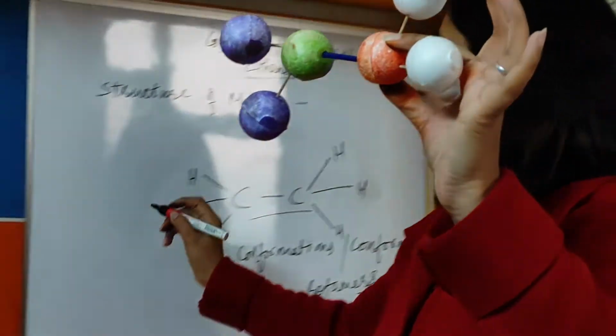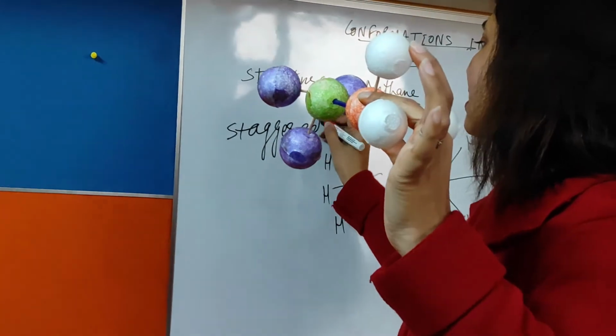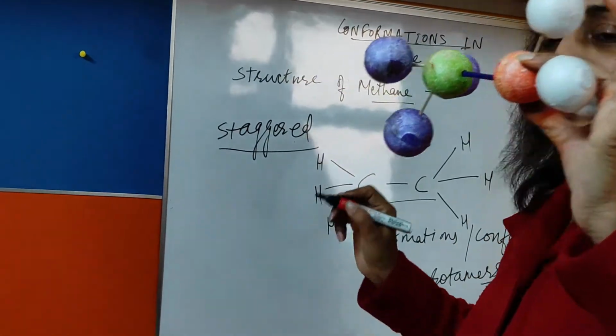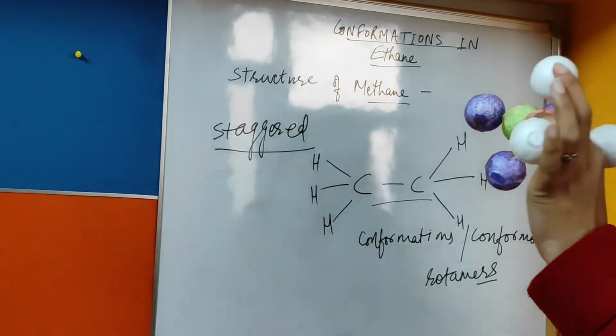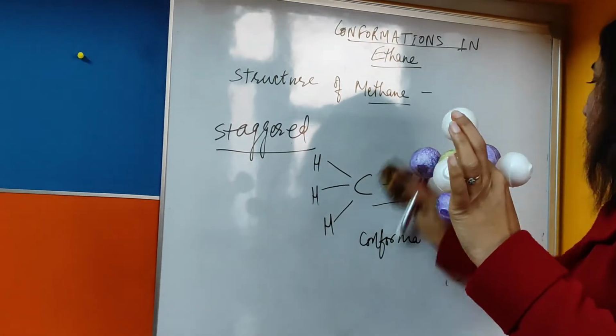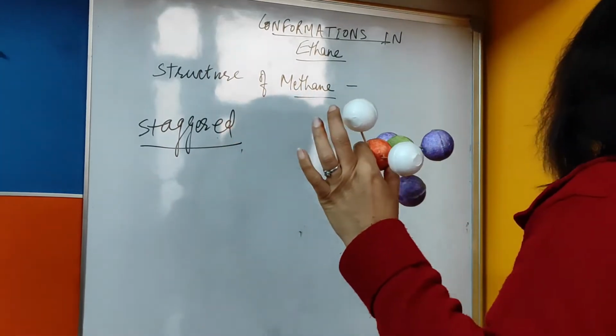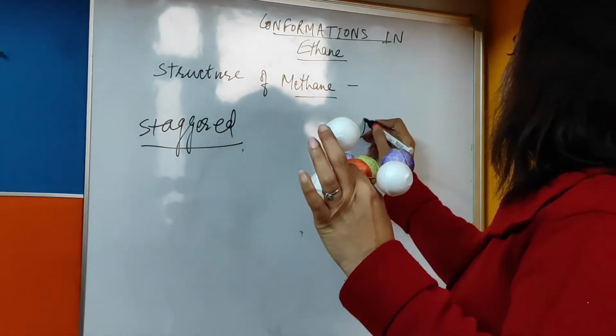And what is this called? This is called the staggered conformation. Staggered. There is another one also. What is that? That is the eclipsed conformation.